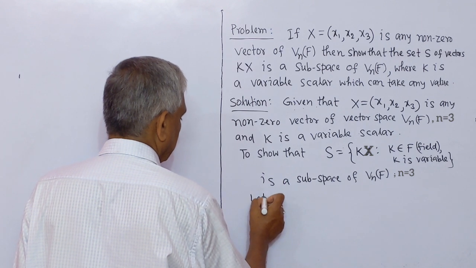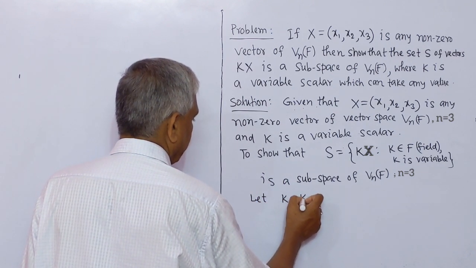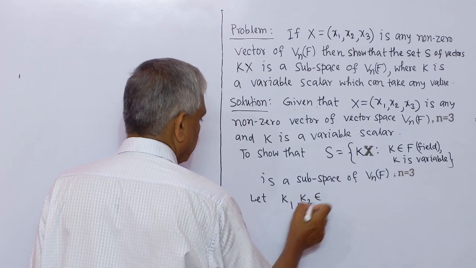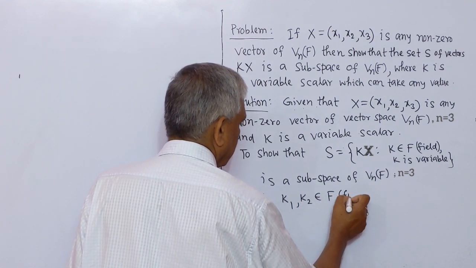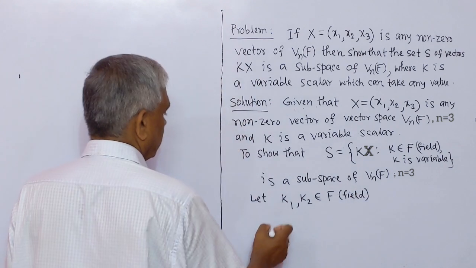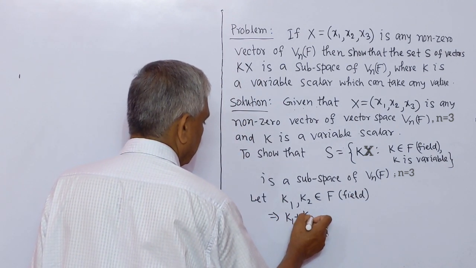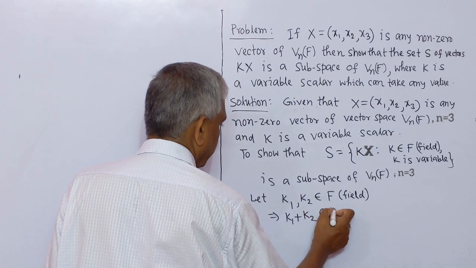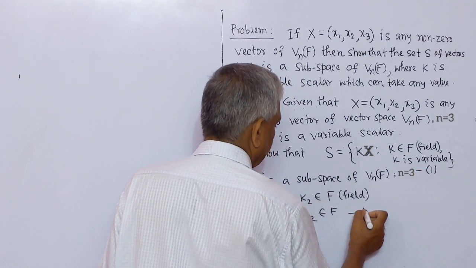Let K1, K2 belong to field F. Implies that K1 plus K2 belongs to F. This is number 1, this is number 2.